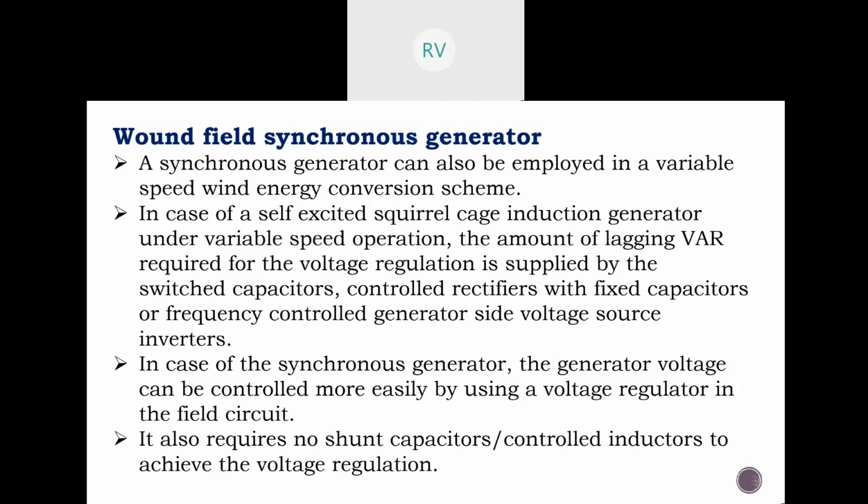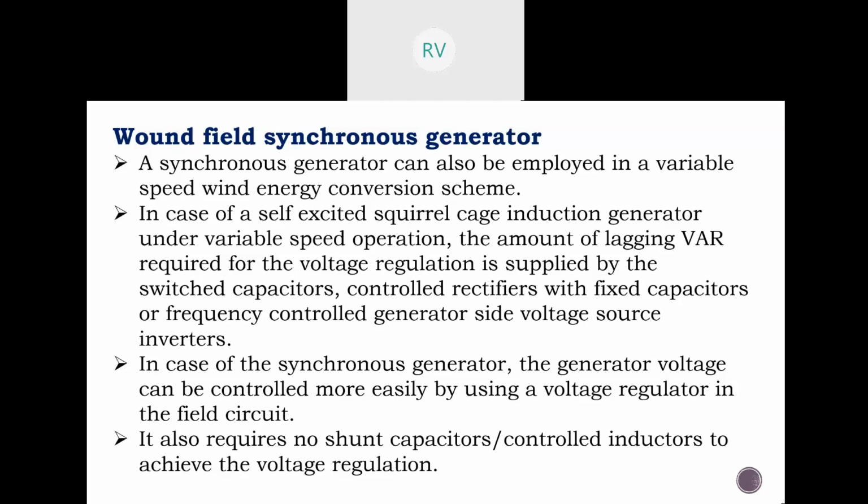So basically when we go for the self-excited squirrel cage induction generator, we can regulate the voltage by using either of these. We can directly attach a fixed capacitor, or we can go for a controlled rectifier with fixed capacitors, or we can go for frequency controlled generator side voltage source inverters. We can use any of these to control the amount of lagging VAR.